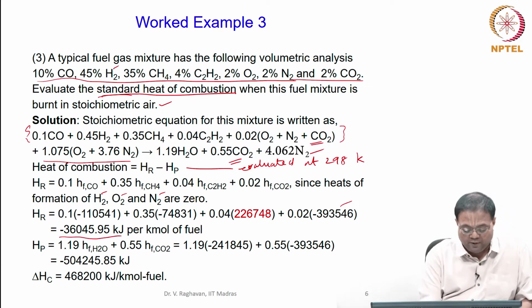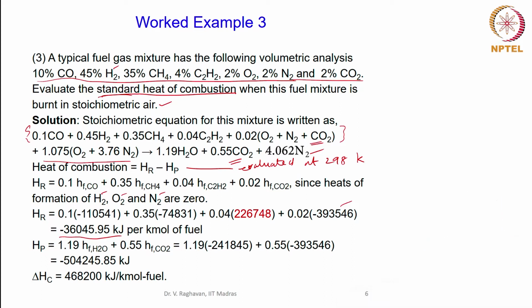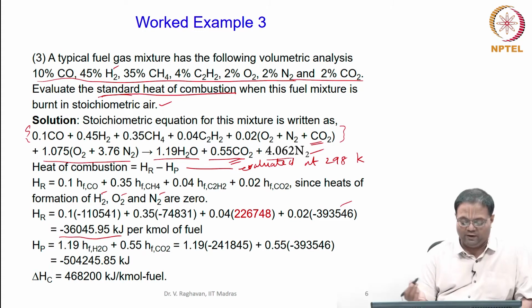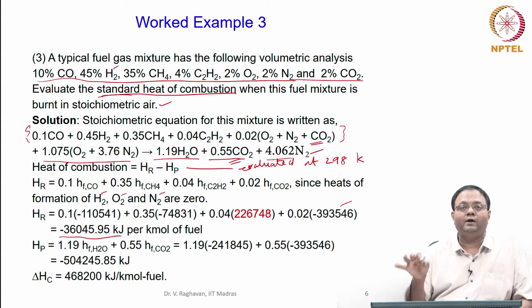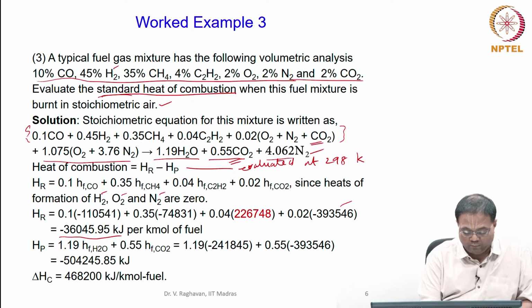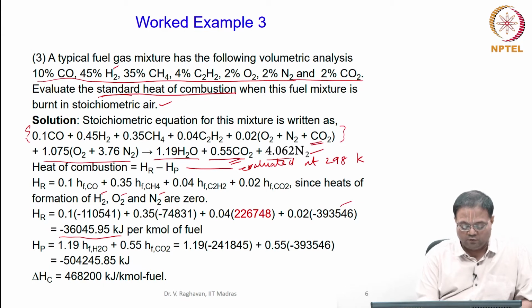Now for the HP value, you have to take this mixture: 1.19 times water vapor, 0.55 times carbon dioxide and 4.062 times nitrogen. But anyway, N2 will not appear here because it is a basic element and at 298 its heat of formation is 0. So 1.19 into HF of H2O plus 0.55 into HF of CO2, that will be this.